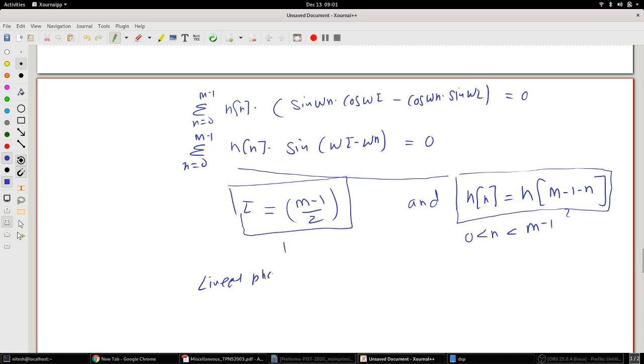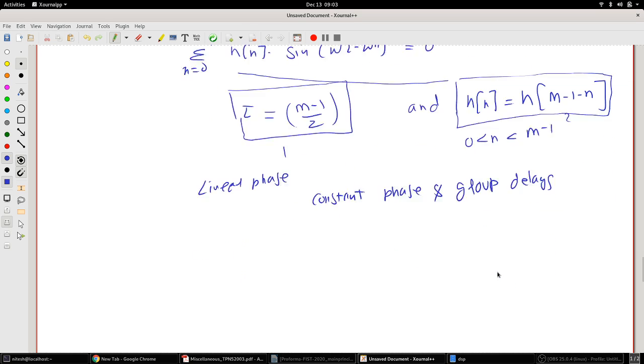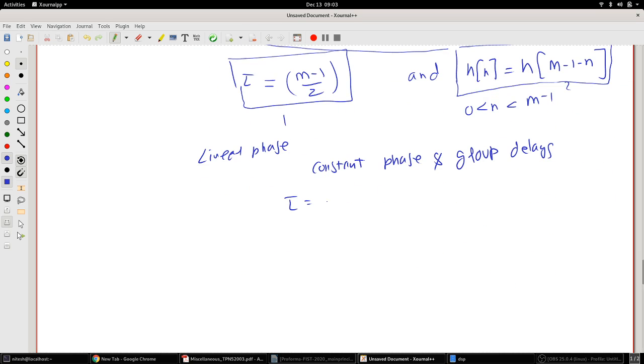The filter to have a linear phase. Now, for you to have a constant phase delay or constant group delay, these are the two requirements for having constant phase and group delay, where you should have tau equal to m minus 1 by 2 and h of n should be equal to h of m minus 1 minus n.